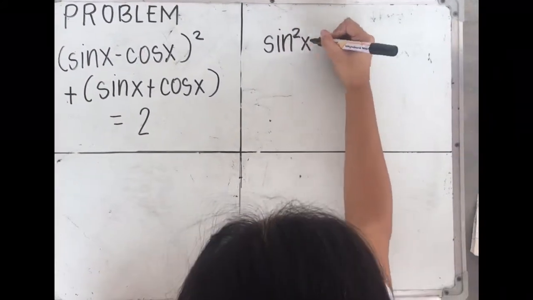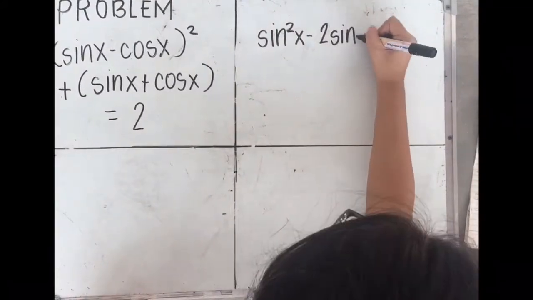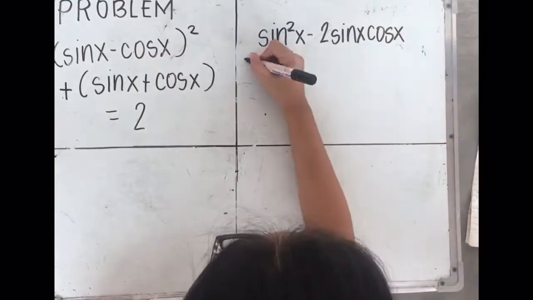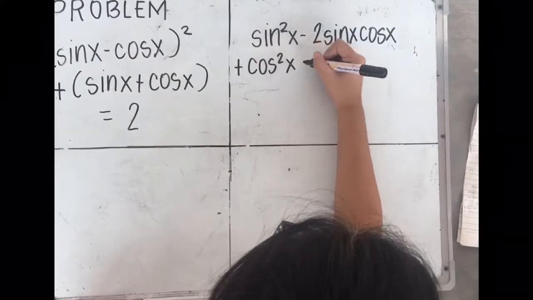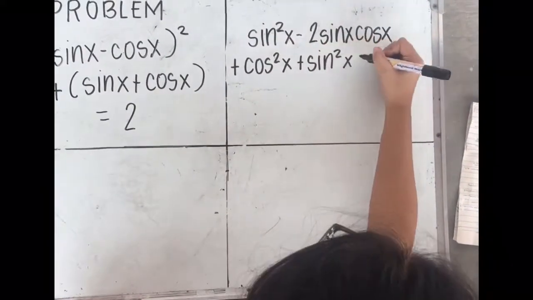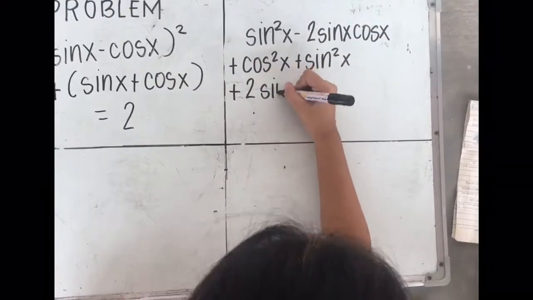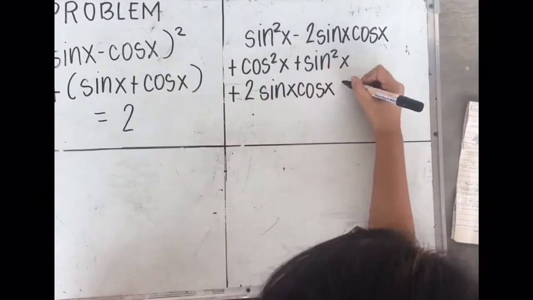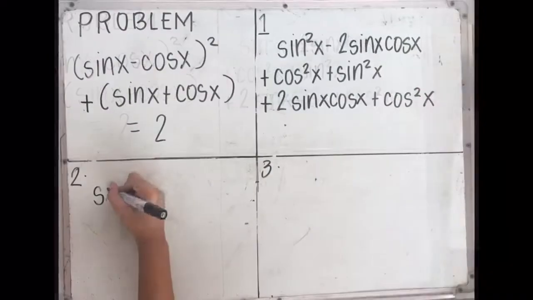So our next is sine squared x minus 2 sine x and cosine x plus cosine squared x plus sine squared x plus 2 sine x cosine x plus cosine squared.